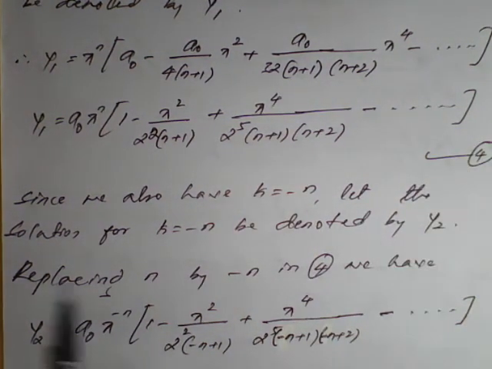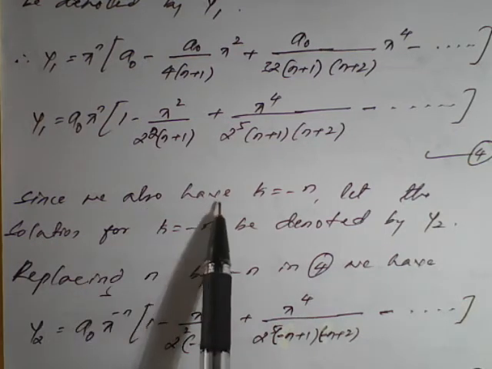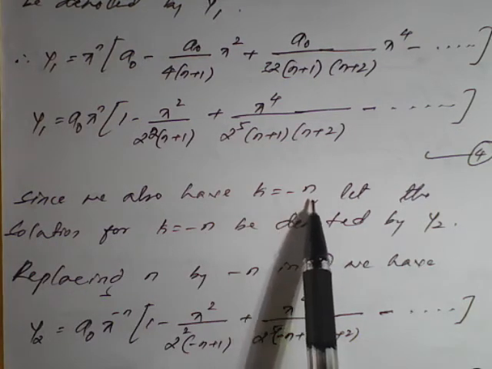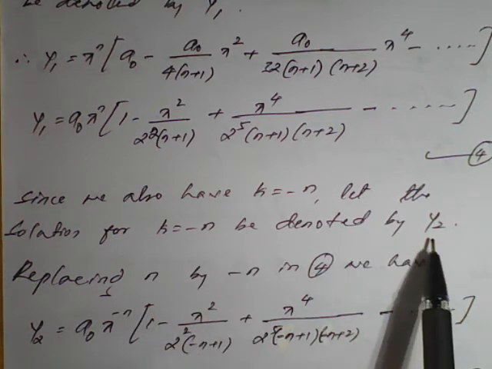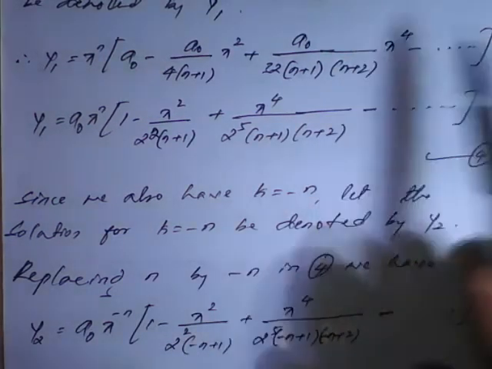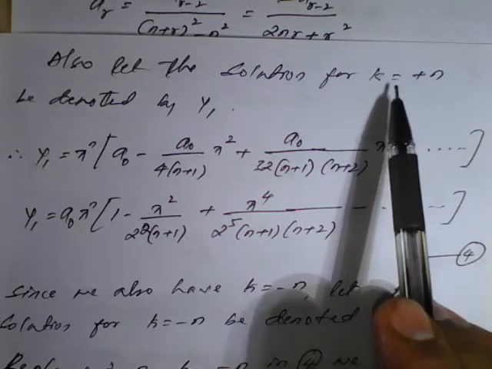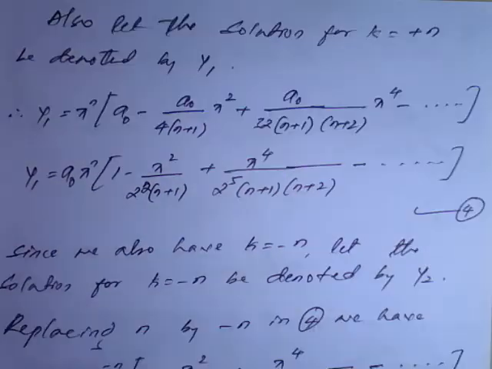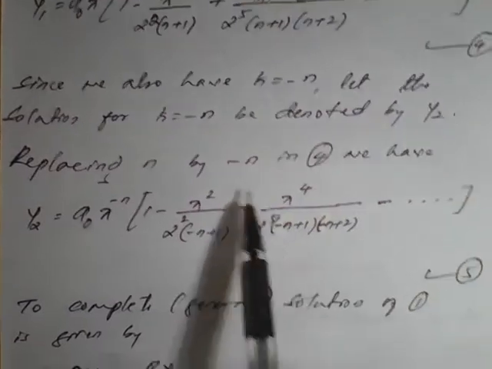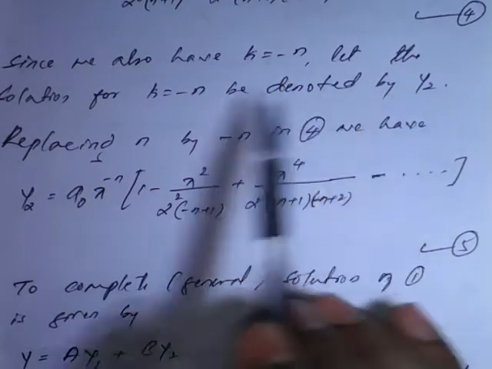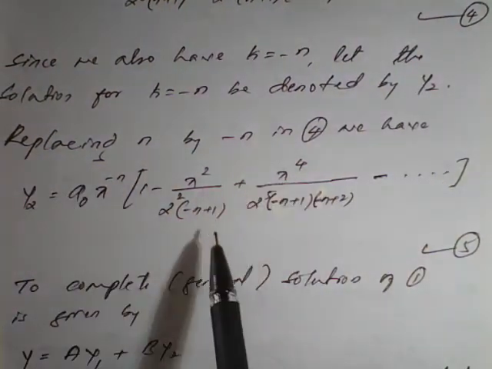This gives equation number 4. Since we also have k is equal to minus n, let the solution for k equal to minus n be denoted as y2. As I told, for k equal to plus n we have taken y1, and now for k equal to minus n we take y2, and we'll get the same result.